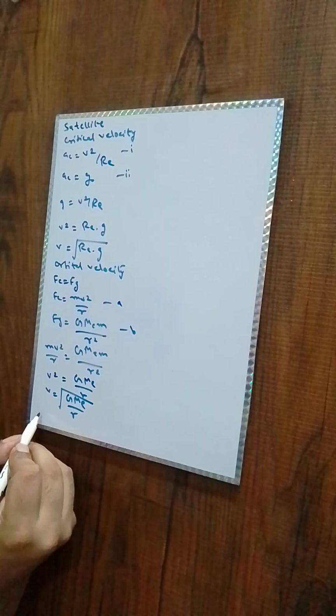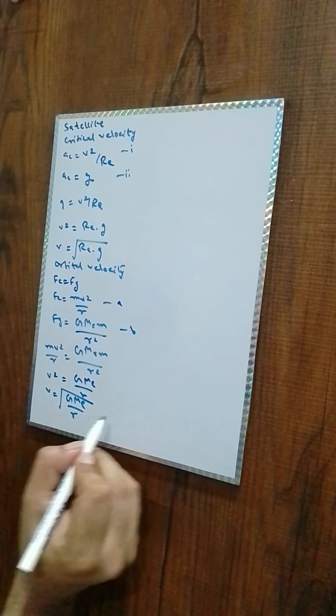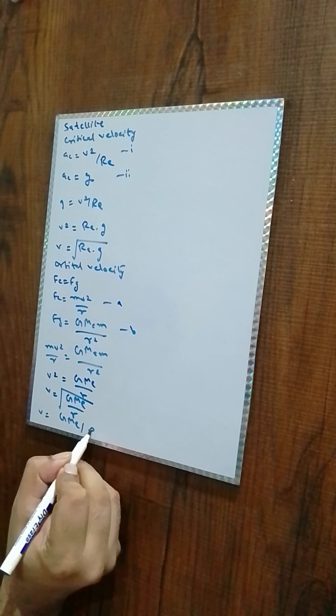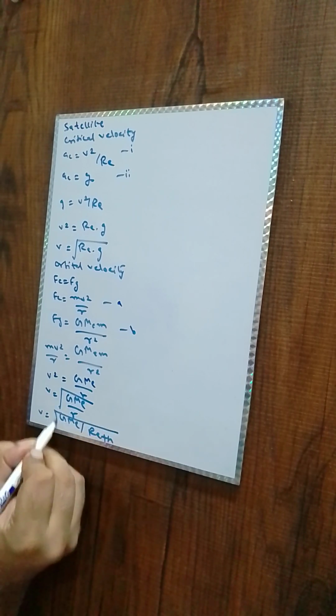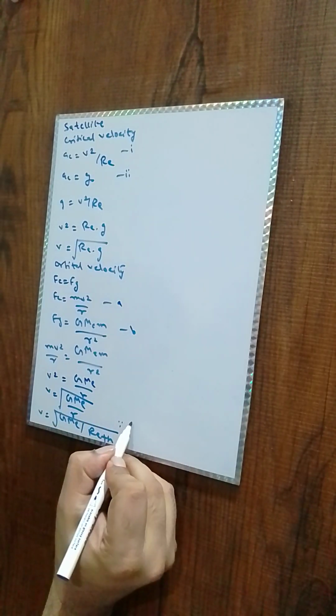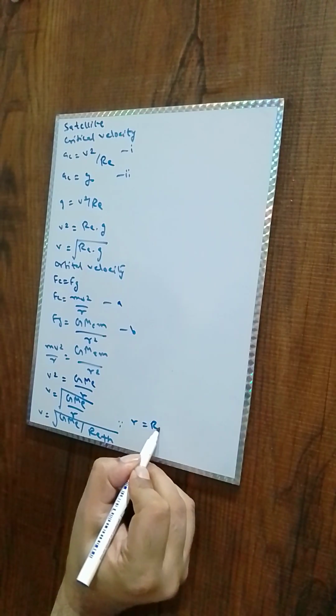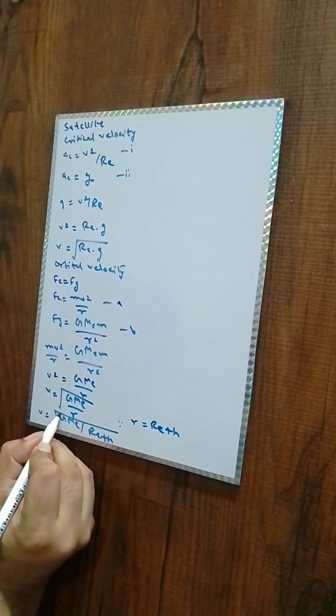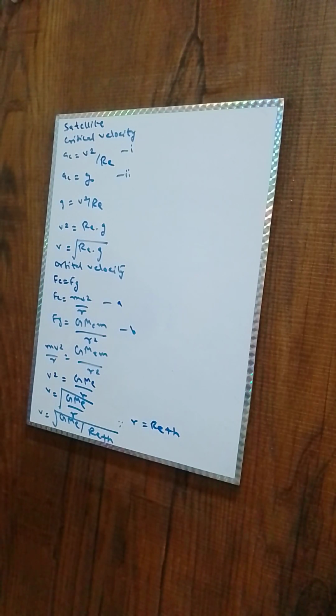So v is equal to gme by r under the root, and v is equal to gme by re plus h, basically under the root, because total distance is equal to radius of Earth plus the height of the satellite. Yes, so gme by re plus h under the root. So this is very much the general form for the orbital velocity for the satellite.